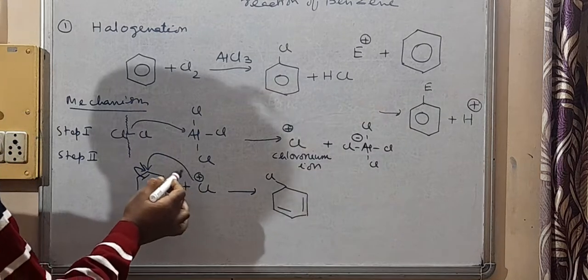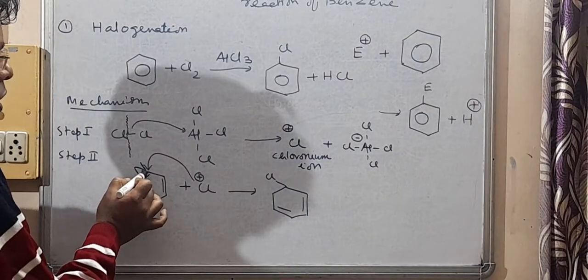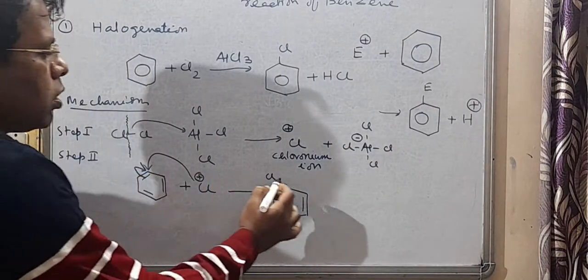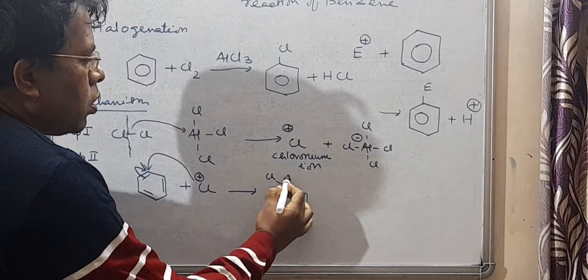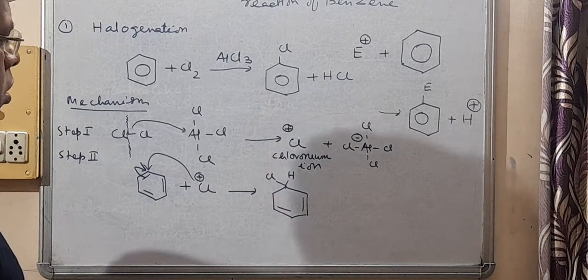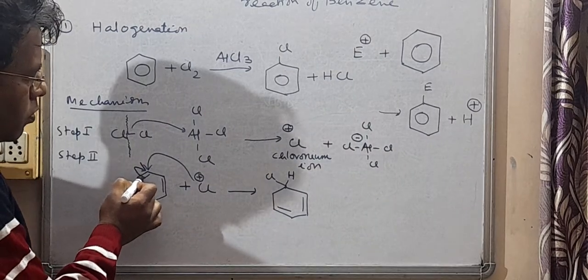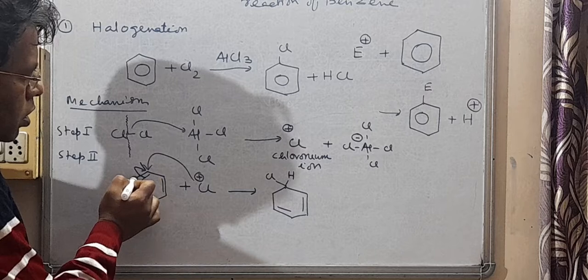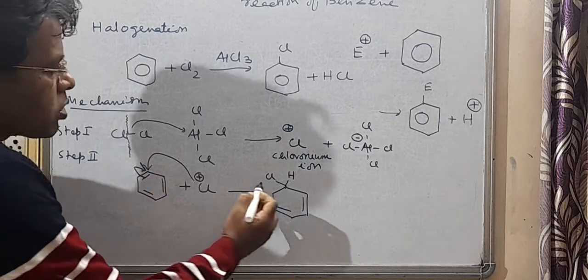So Cl has got bonded, and there is already a hydrogen bonded to it. That we can show here now. Since the electron has gone from this carbon to this side, this carbon will become positively charged.